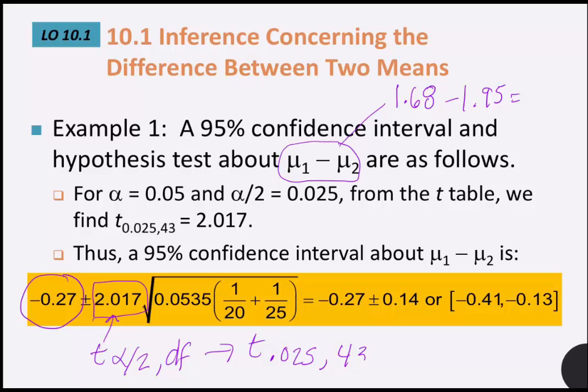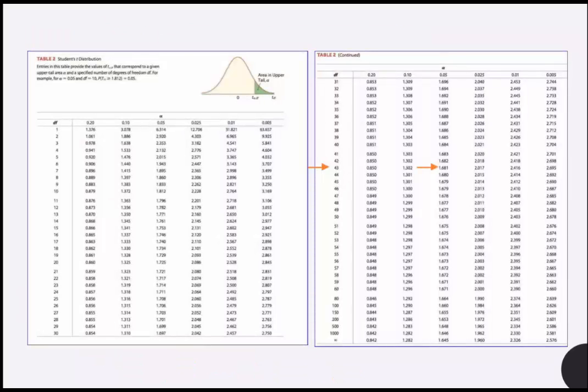So now what we're going to do is look on the t-table, which is at the end of your textbook in one of the appendices, but I have it inserted here, so I'm going to go to this next page so you can see it. What we do is we come down this column over here on the left. This is the degrees of freedom column, and we look for our number. We don't see 43 there, so we have to go over to the next page. So we come straight down and we find 43. Then we have to find the right alpha at the top.